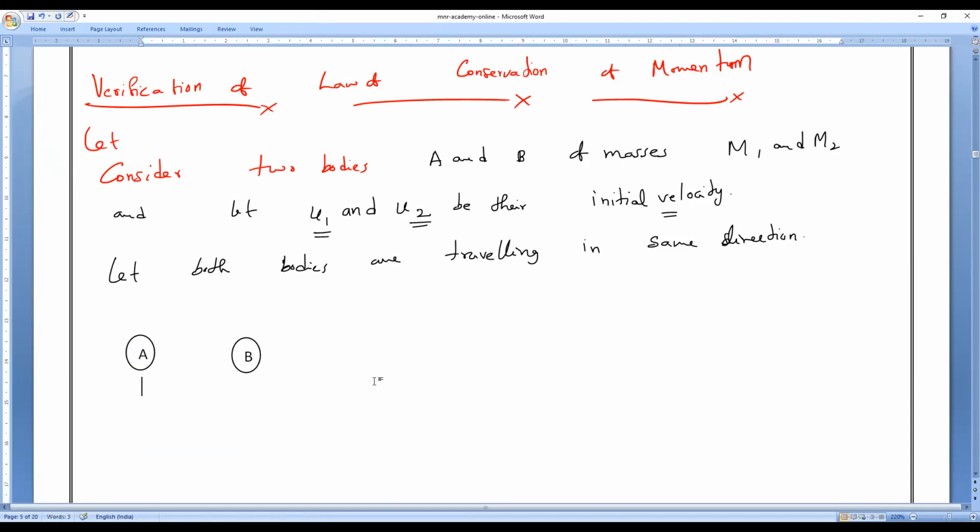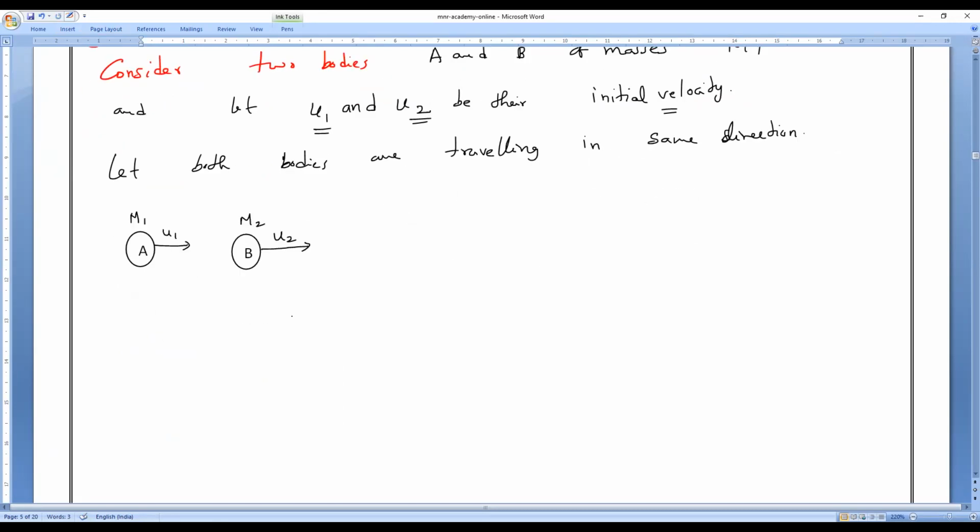B body. And the A body is traveling with initial velocity. What is the initial velocity of the A body, everybody? U1. And initial velocity of the B body? U2. And mass of the A body, M1. Mass of the B body, M2. So both are traveling, and this is actually before collision.